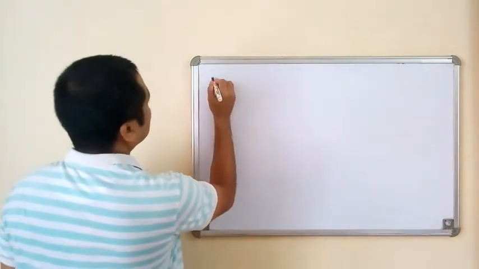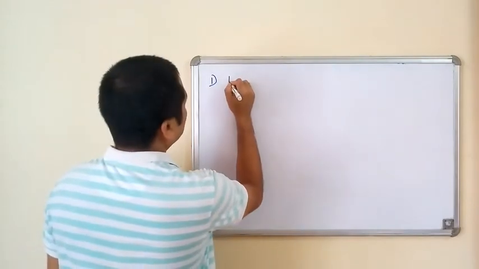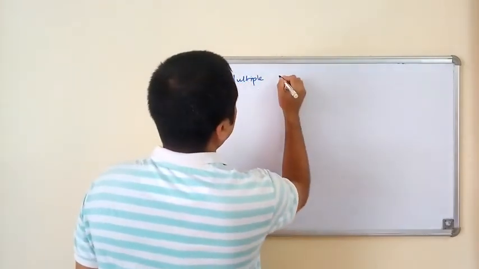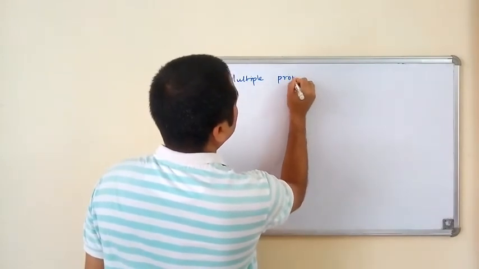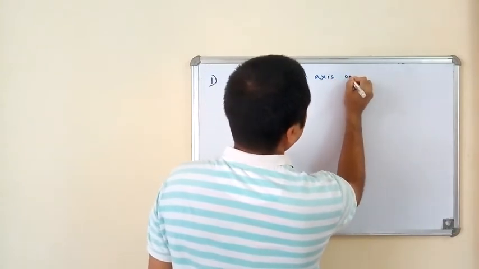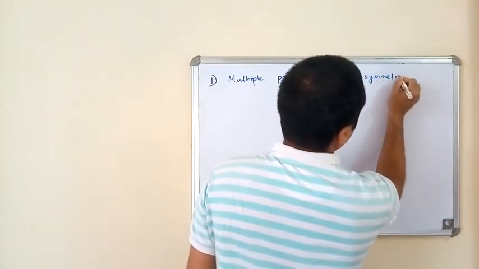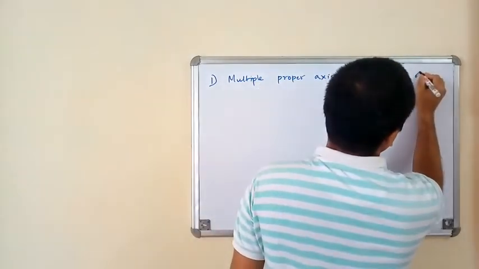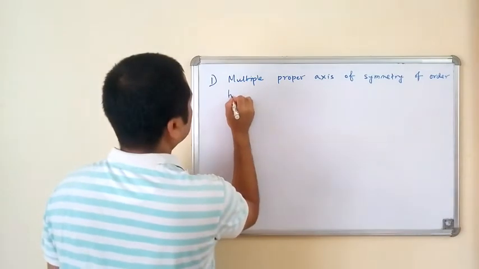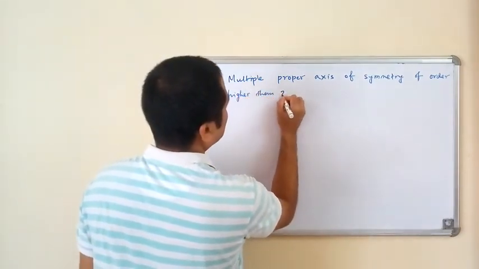That is, the first type of molecules have multiple proper axes of symmetry of order higher than 2.